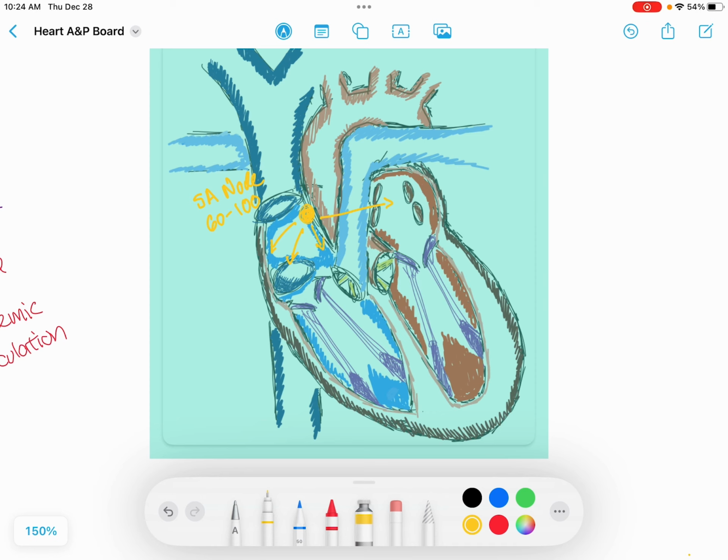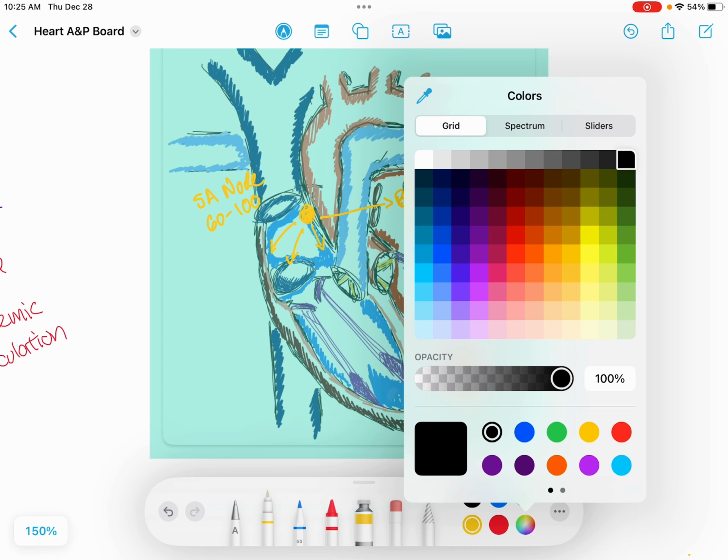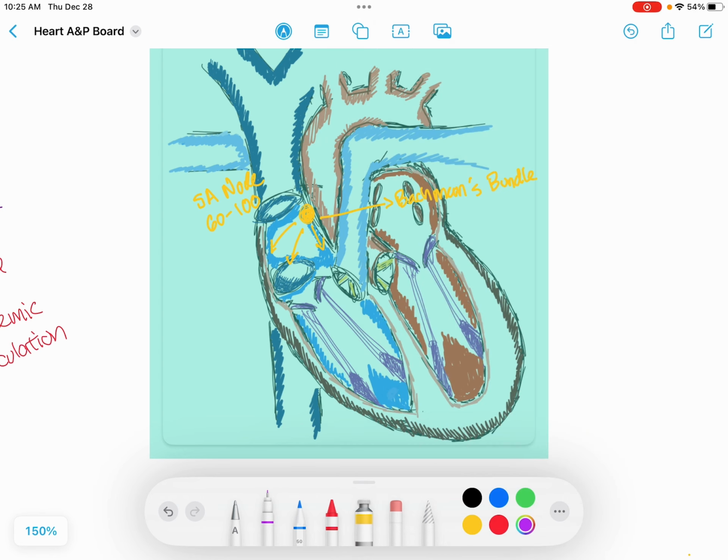There is one that goes across to the left atria, and this is called Bachmann's bundle. This isn't super critical to remember, I'm just highlighting it. But those signals eventually are going to go down to another part of the electrical system, roughly there. And this is called the AV node.